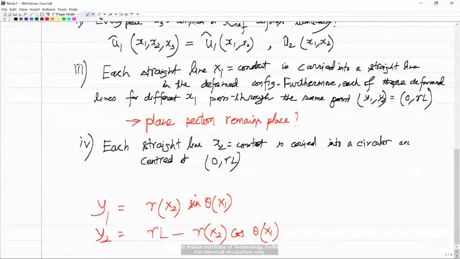All right, let's make the problem a bit more difficult. Let's ask a more difficult question. Can we say something about the dependence of radius on x2? Or the dependence of theta on x1? Can we say something about that? Anybody?